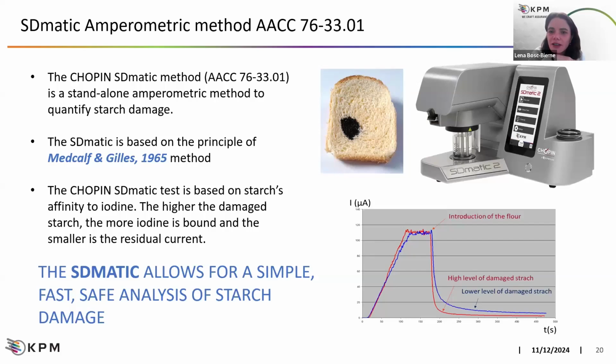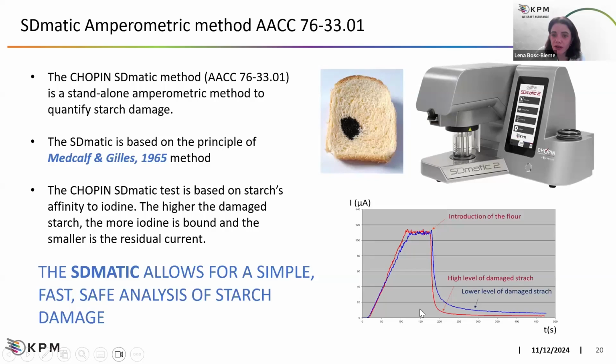I think I did that with potato at the time. But you'll see the iodine, which is usually yellow, turn dark brown, dark purple, a little bit like here in the image that you see. If you have more damaged starch, you have more affinity for iodine. You have more bonds that are created between damaged starch and iodine.